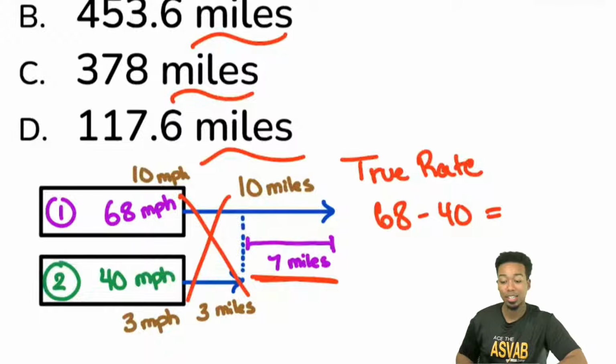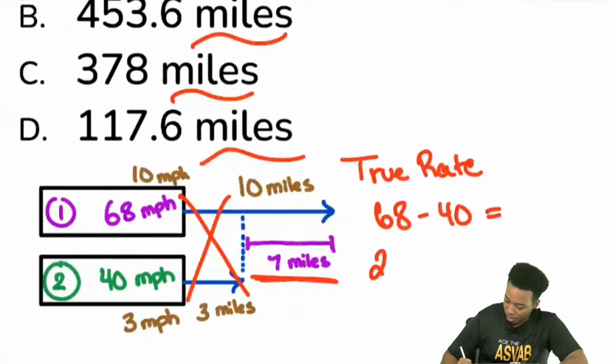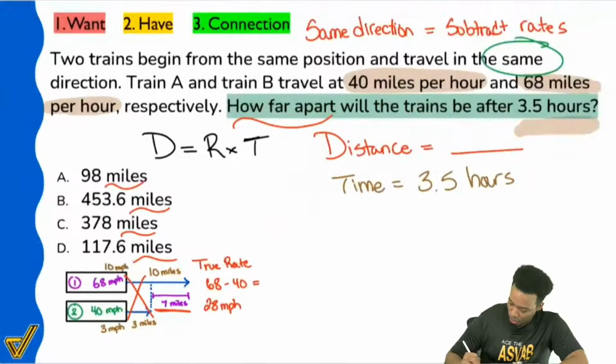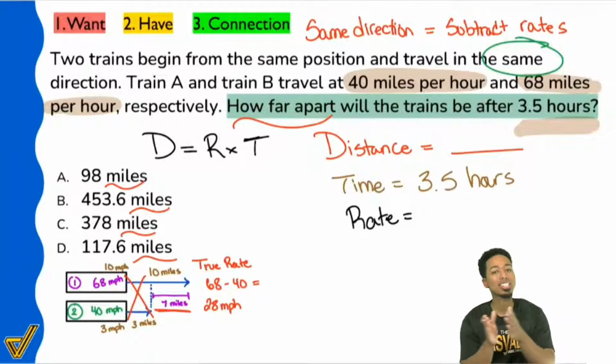And that's going to give us what, everyone? 68 minus 40 will be 28 miles per hour. And so therefore, that is our true rate. Our rate is 28 miles per hour because we are subtracting them, because they're going in the same direction.